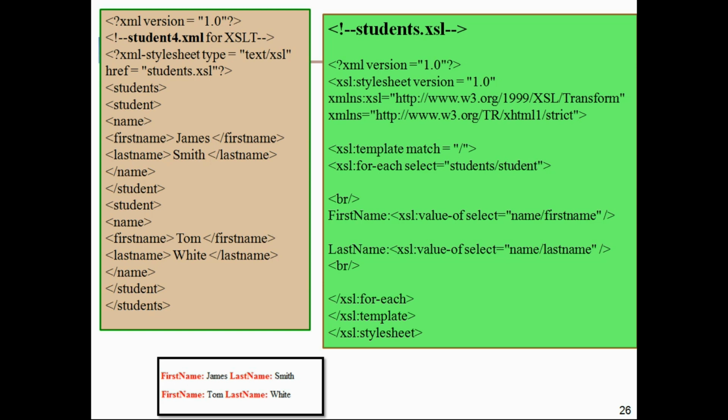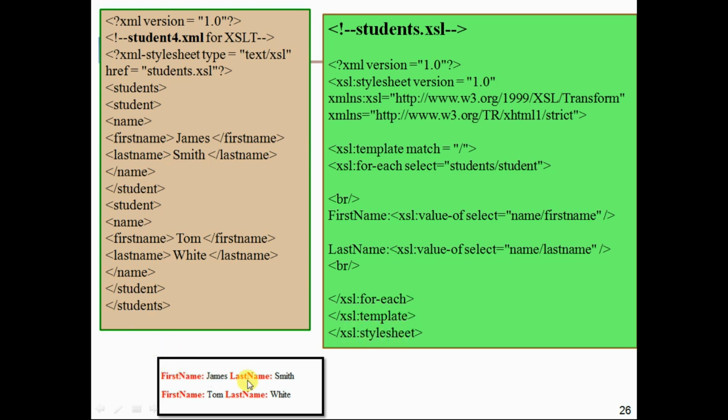And what is the value you need to get? Then you have to use value-of select name/firstname. Inside name we have first name and last name, so we have to get first name and last name, but not name. So you refer to xsl:value-of select name/firstname, and for last name we select name/lastname, and end for-each, template, style sheet.